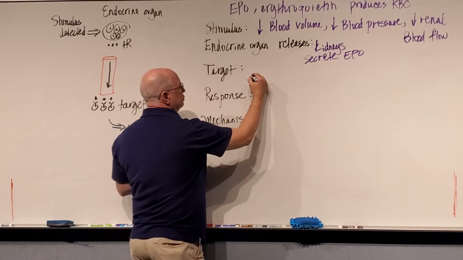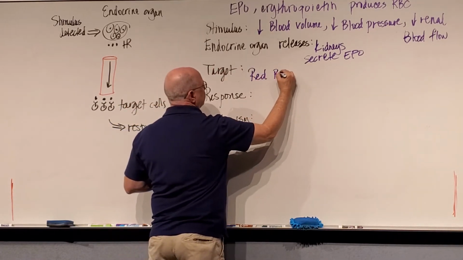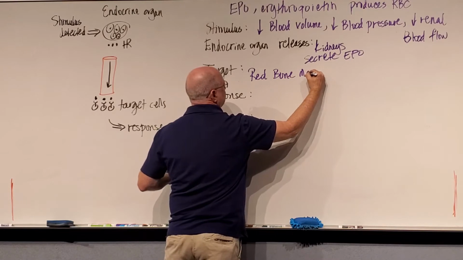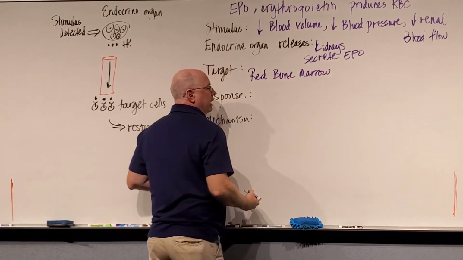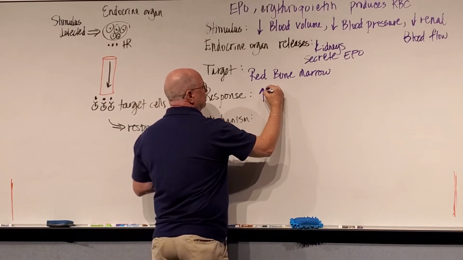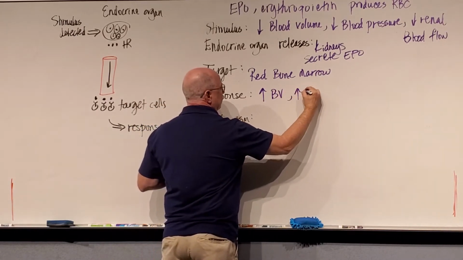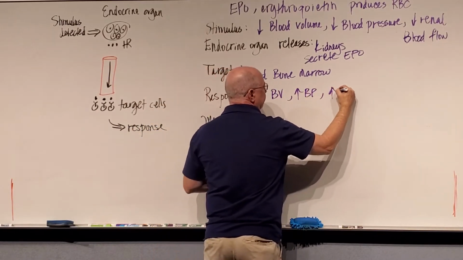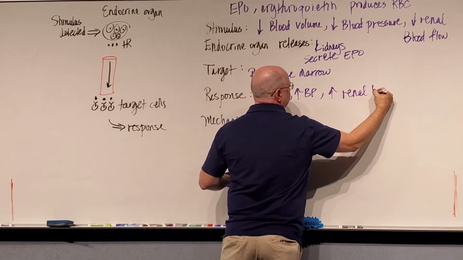The target is going to be red bone marrow. And in our bone marrow, the response is going to be to elevate our blood volume, to elevate the blood pressure, and to increase renal blood flow.